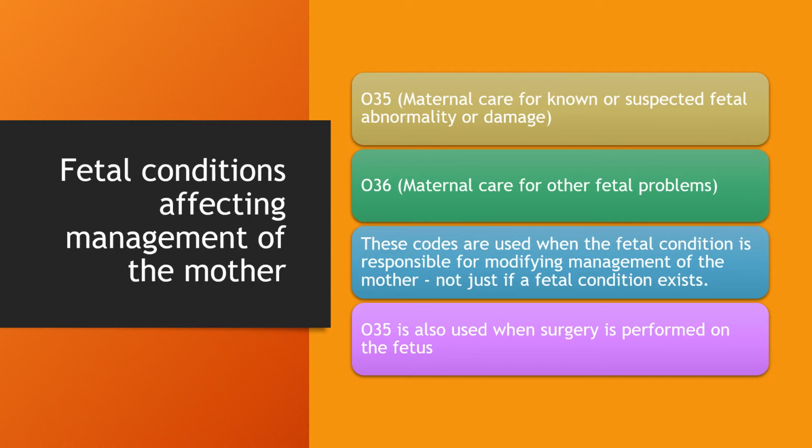Code O35 is maternal care for known or suspected fetal abnormality or damage. These codes are used when the fetal condition is responsible for modifying the management of the mother, not just that the fetal condition exists. Code O35 is also used when surgery is performed on the fetus.